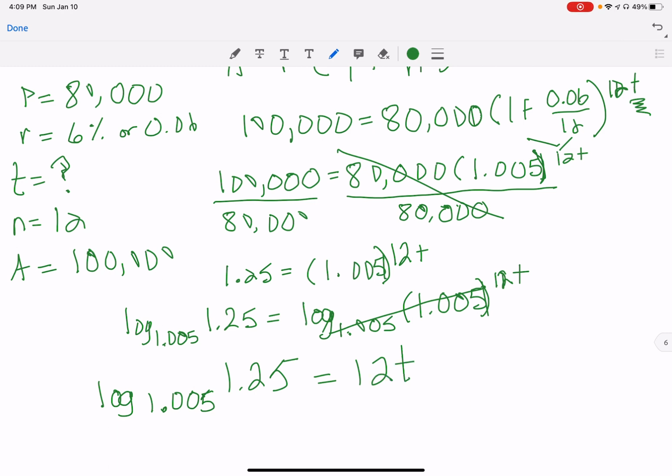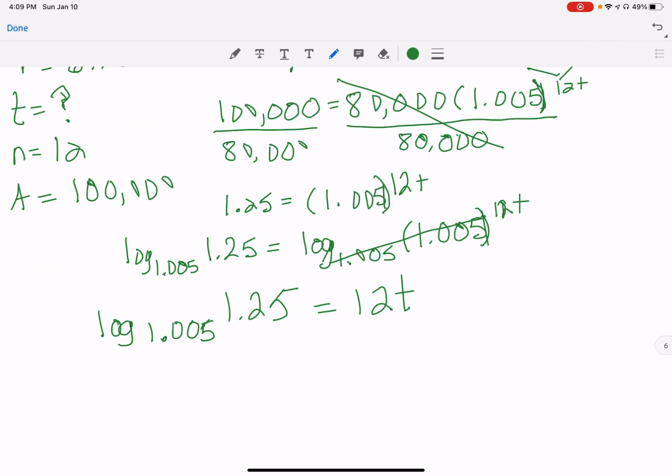So it is no longer an exponent. It undoes the exponent. Now unless you have a calculator that you can type in log with a base of 1.005 of 1.25, you will have to use the change of base formula.